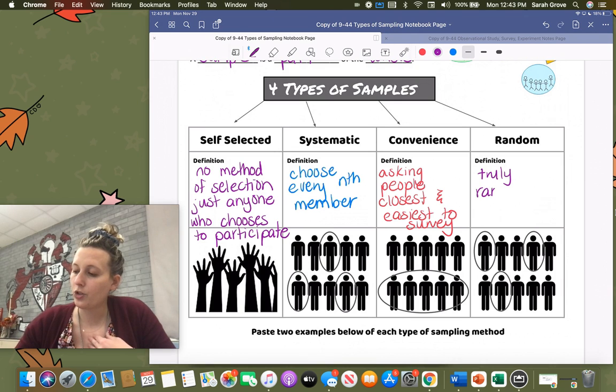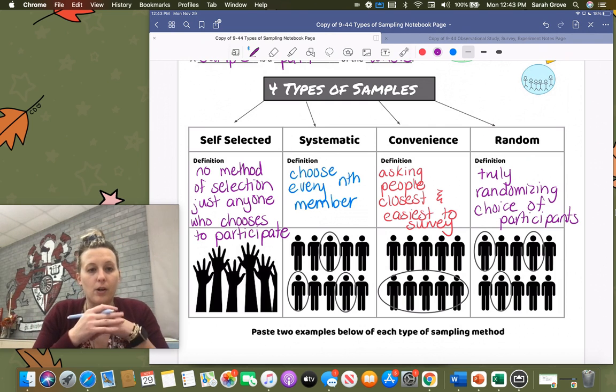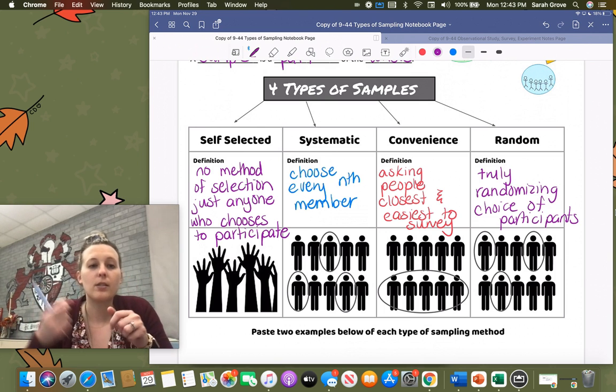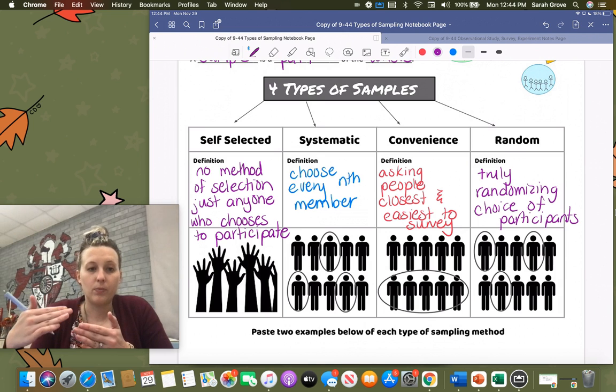So I'm going to put truly randomizing choice of participants. Whenever you're given a survey from the school, I think it's called the OCR, Office of the Civil Rights Survey, they put all of the names into a computer and it randomly generates who takes that survey. That's how they do it for your parents too. So that's the only true way that you're going to get data that you are sure has every subgroup from your population in it.